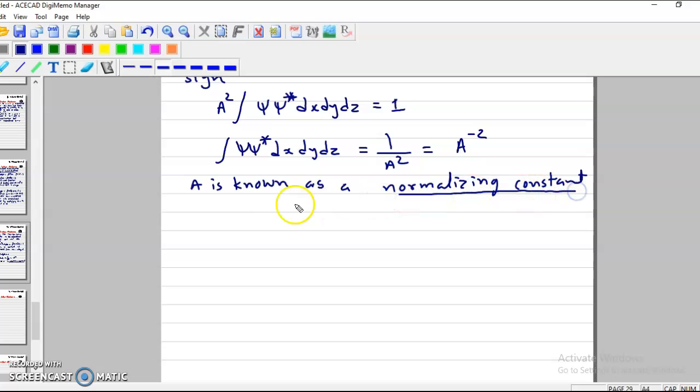So this is known as the normalizing constant and can be determined from the above equation.